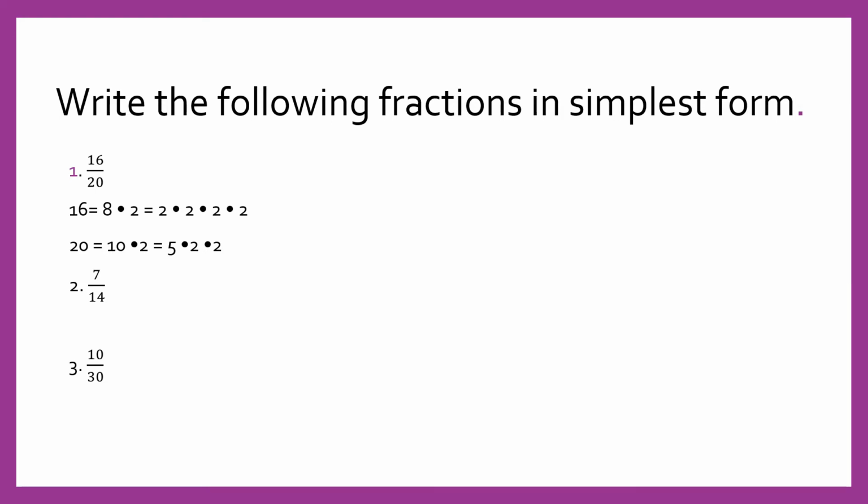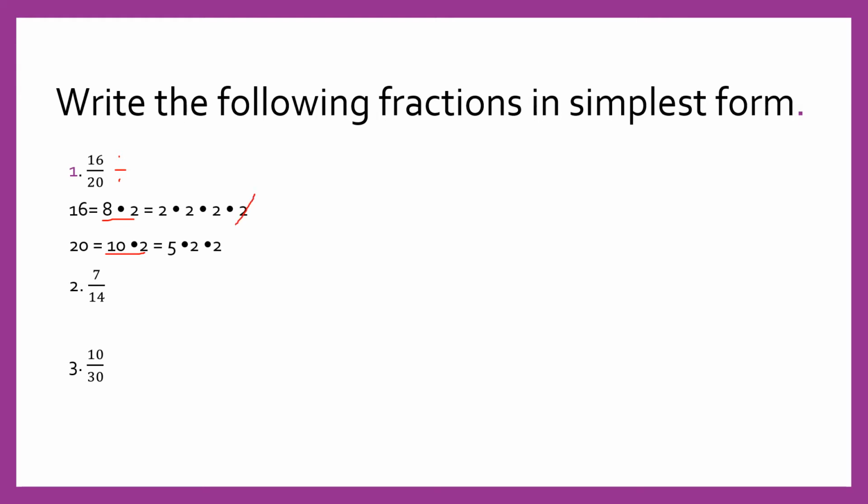Write the following fractions in simplest form. Katulad nito, yung 16 over 20. If we are going to get the GCF, ito yung dalawang factors niya: 8 times 2 sa 16. And then, sa prime factorization, 2 times 2 times 2. Yung 20 naman, 10 times 2 or 5 times 2 times 2.